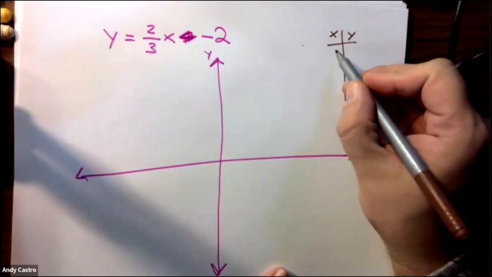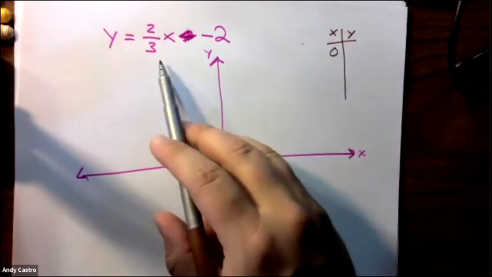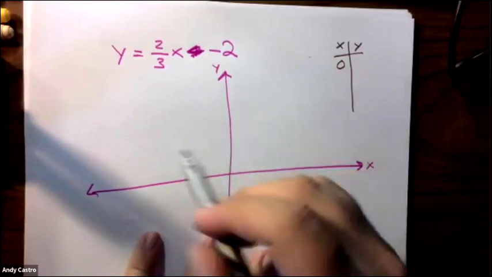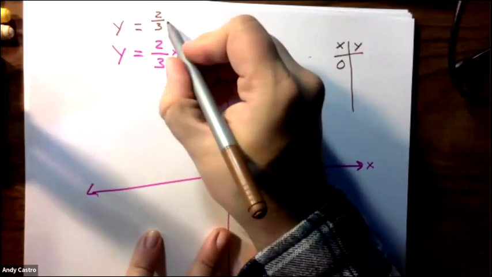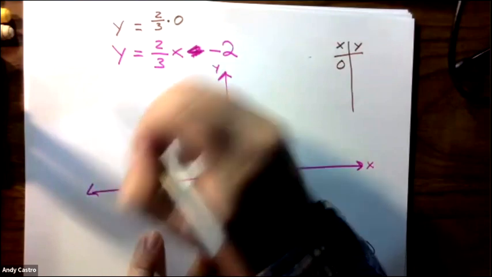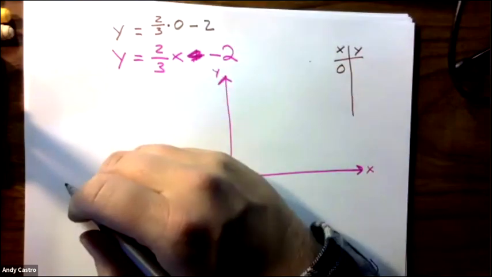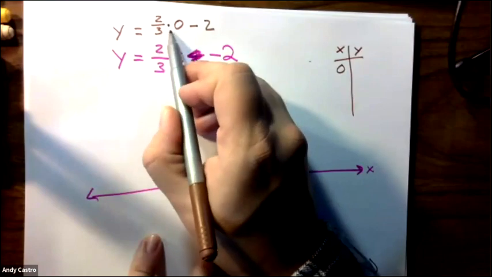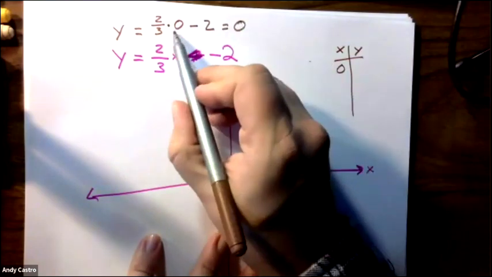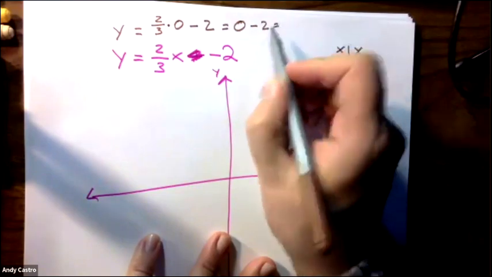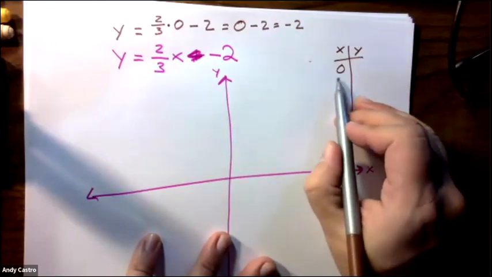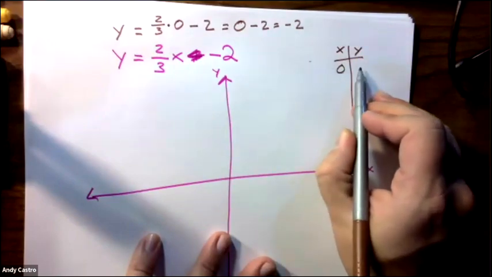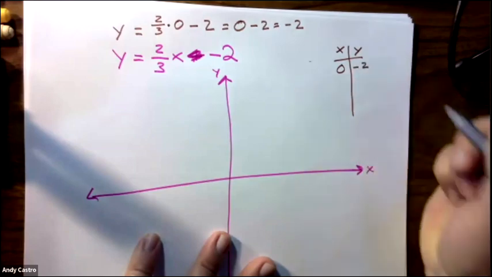So I'm going to choose 0 for X. If I choose 0 for X, Y is equal to 2 over 3 times 0 minus 2. 2 over 3 times 0 is 0, minus 2. 0 minus 2 is negative 2. So if I plug in 0 for X, my Y becomes negative 2.